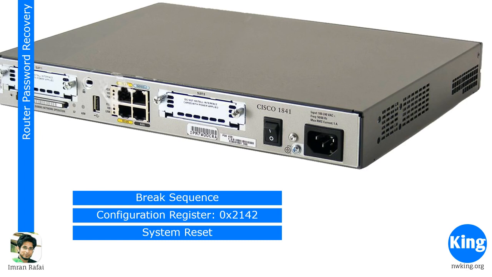So how do we do it? There are three things basically. When a Cisco device reboots, if you want to do a password recovery, you see this power switch. You will hit the switch off and then back on, right?